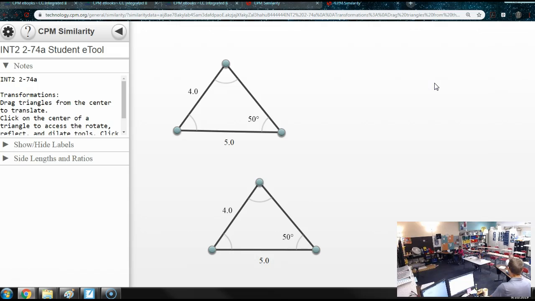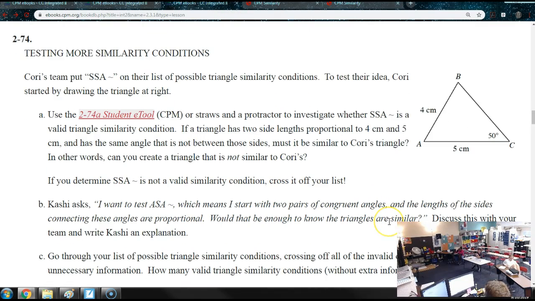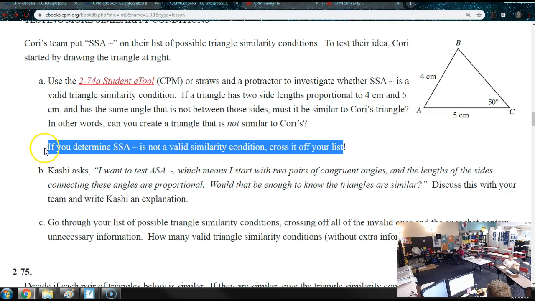No. So do we think that it will work for similarity? Maybe. So Liang says yes. Why, Liang? Because I don't see where you could change something without messing with it. I don't see where you could change the sides.